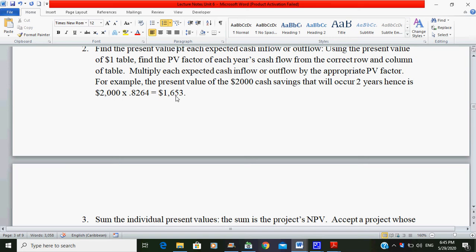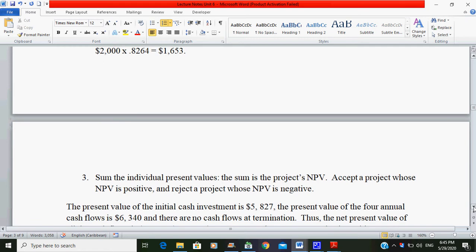Alright? Now, after you have found all of those, you then what? Sum the individual present values, as in you add up all of them, for year 1, year 2, year 3, year 4 in this case. You add up all of them, the sum is the project's NPV.